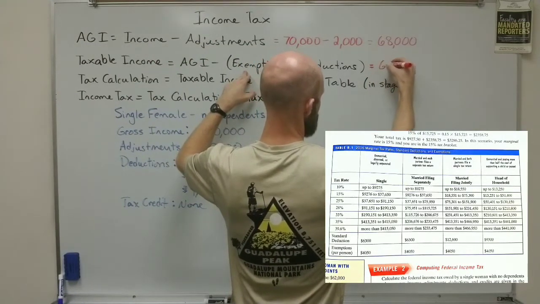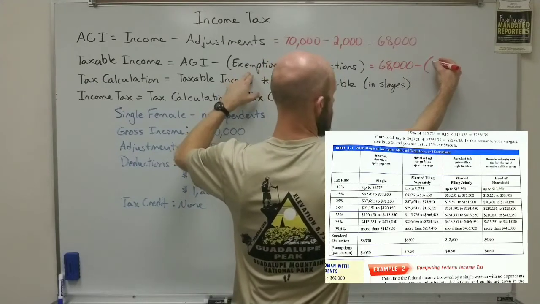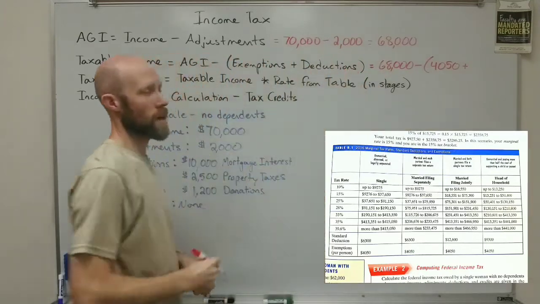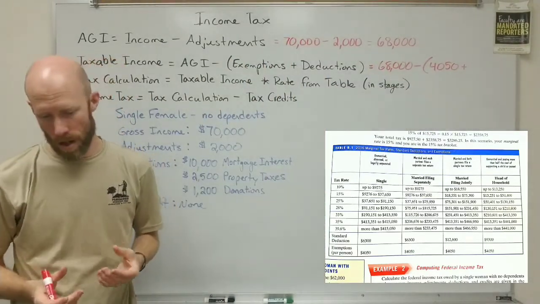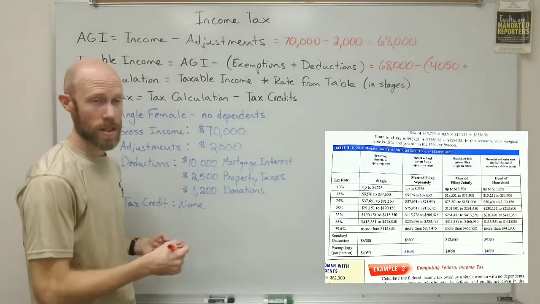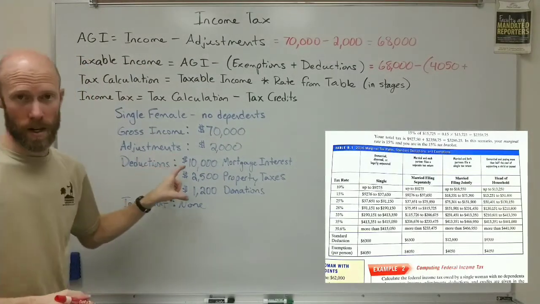So it's going to be the 68,000 minus the 4,050 and the deductions. Now she has a choice of either taking the standard deduction, which in her case is $6,300 according to the table, or she can take her itemized deduction.